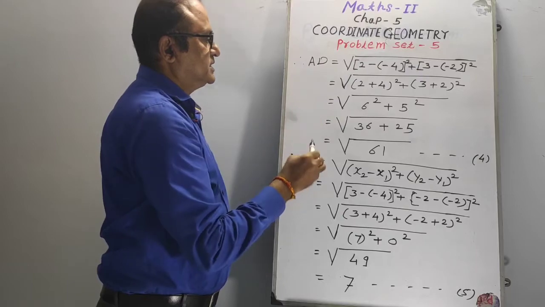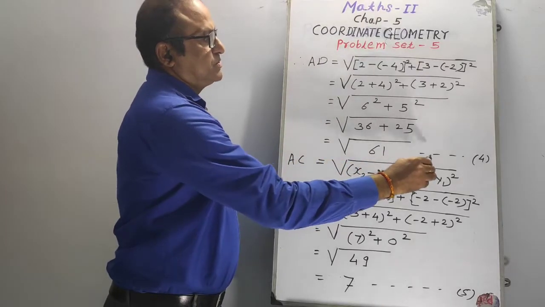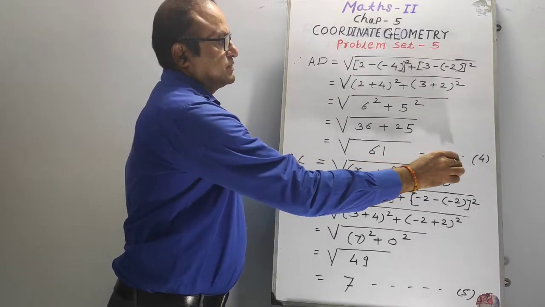Therefore AD is equal to under root 61, equation number 4.